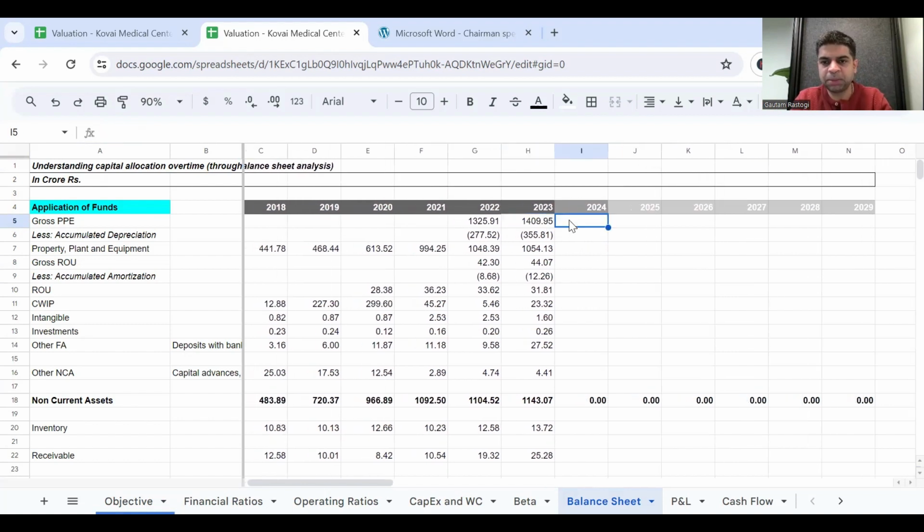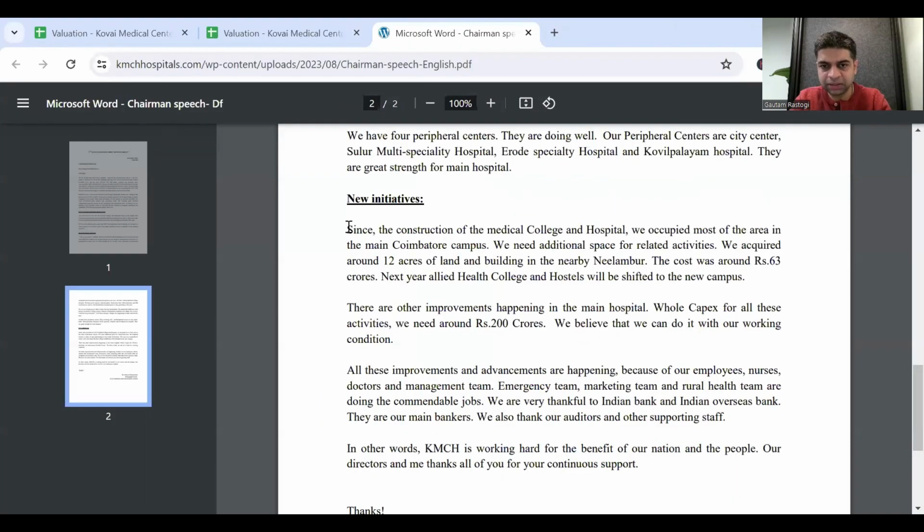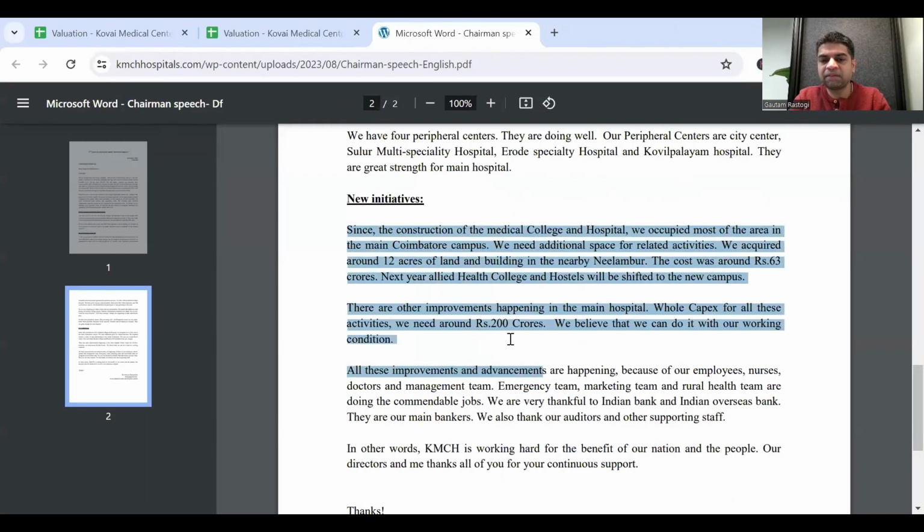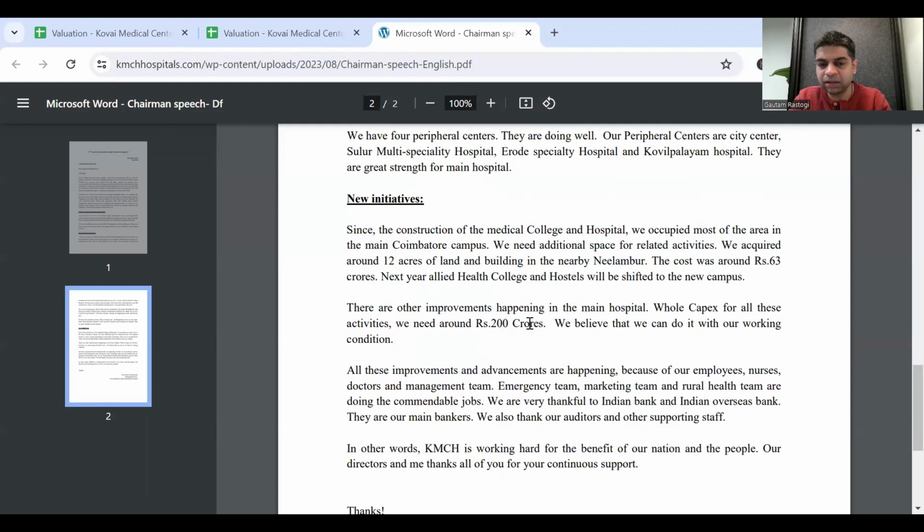All right. So gross PPE. Let's look at what the company has communicated. What they're saying is that they'll be investing around 200 CR, of which they've already invested 63 CR.